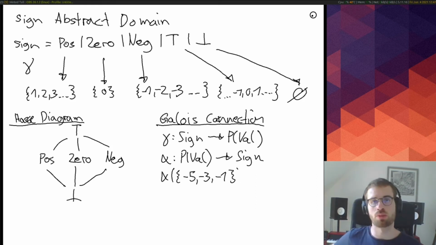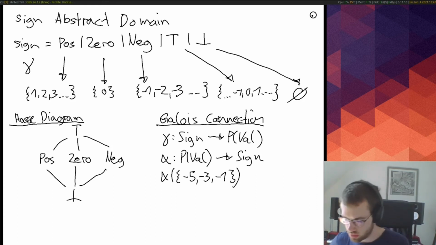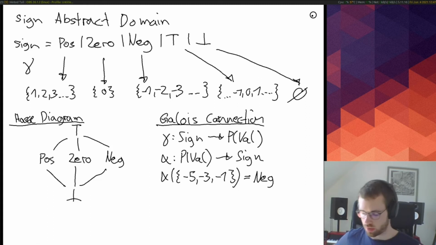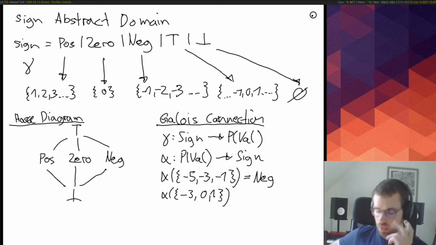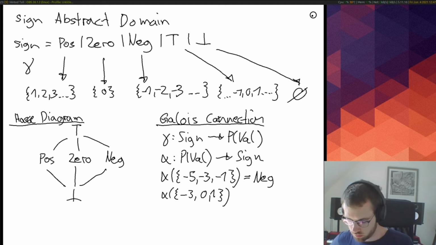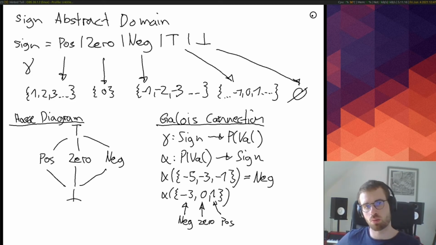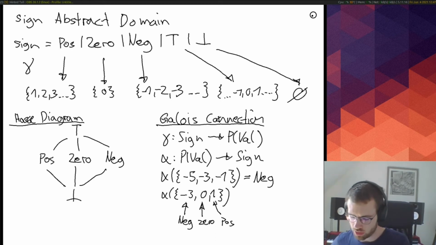And the abstract value that most closely approximates the set is the negative value. But also we could have another set like this, for example, -3, 0 and 1. And here we have negative values in here. We have 0 in here. And we have positive values in here. So the value that most closely approximates these three cases is the top value.